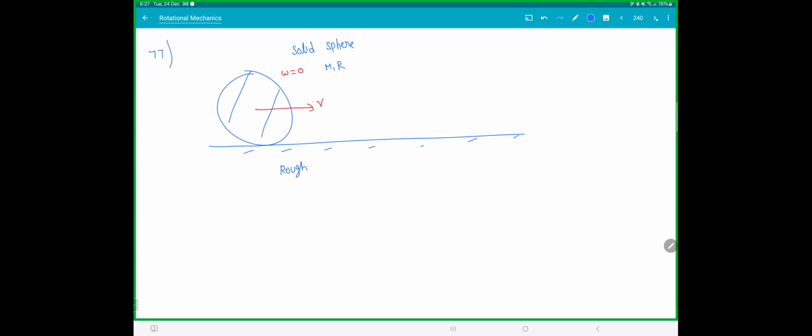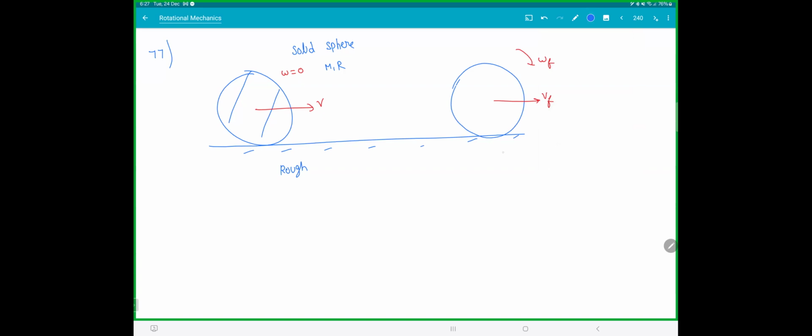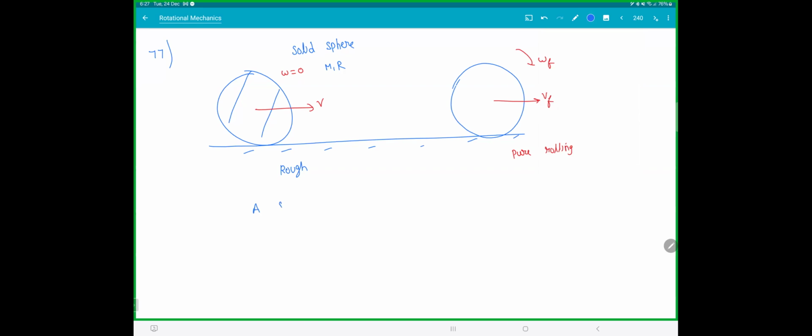And then what will happen after some time? The ball will start rolling on its own. It will skid for some time and eventually it starts rolling. So find v final and omega final. A solid sphere is thrown with speed v without omega.